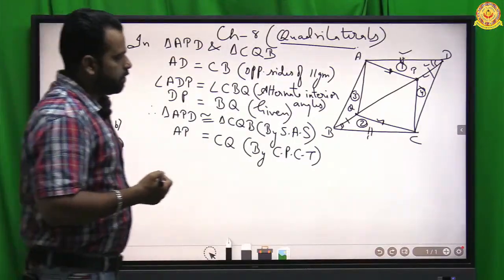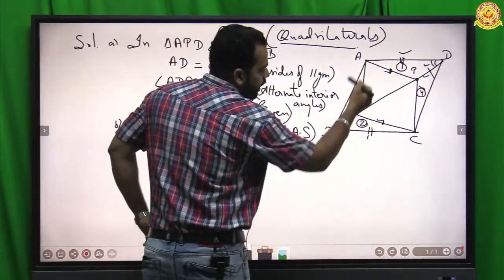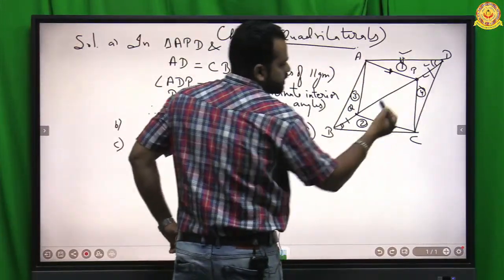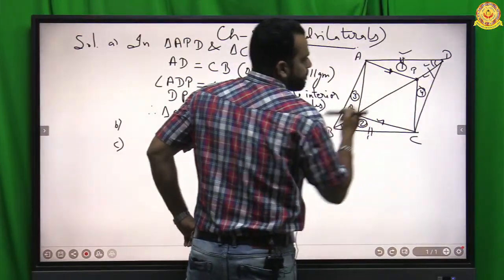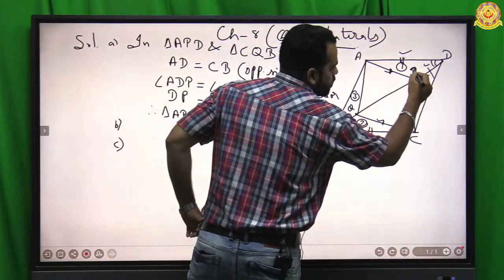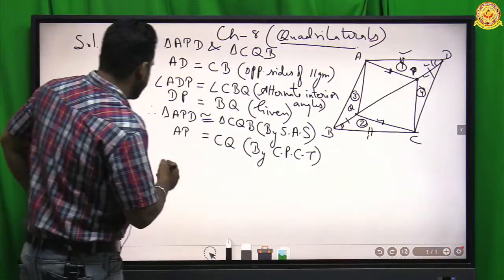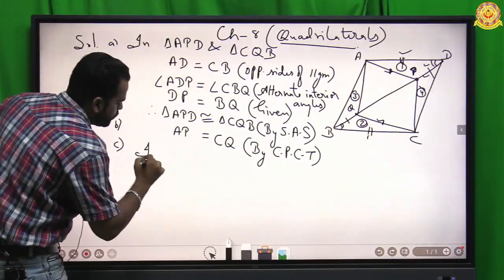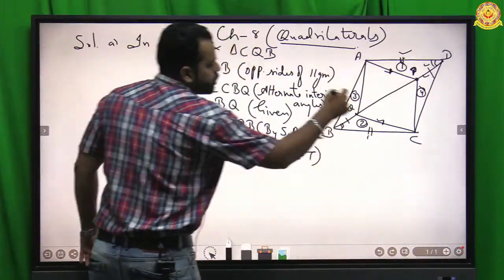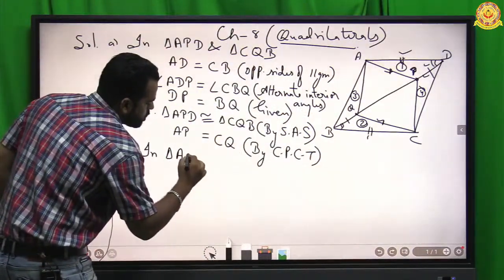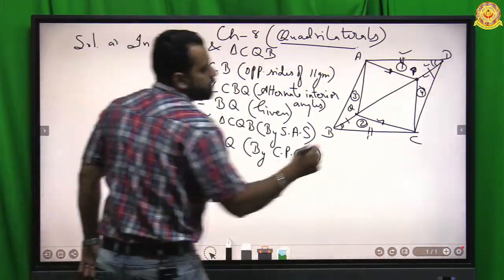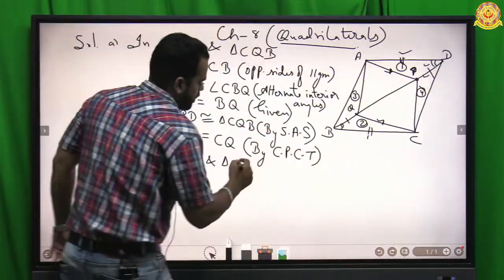Okay, so now what is the name of this triangle? ABQ, this triangle, and this triangle is CDP. The name of this point is P here, right? So we are choosing this triangle first. So again you can write the same statement in triangle ABQ and triangle CDP.